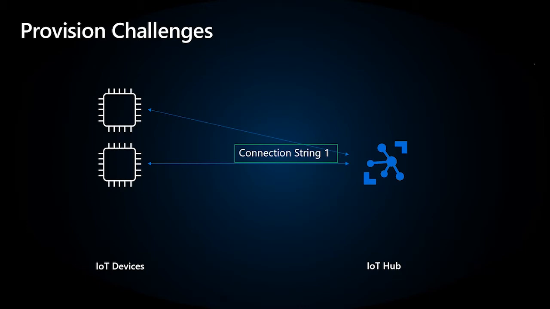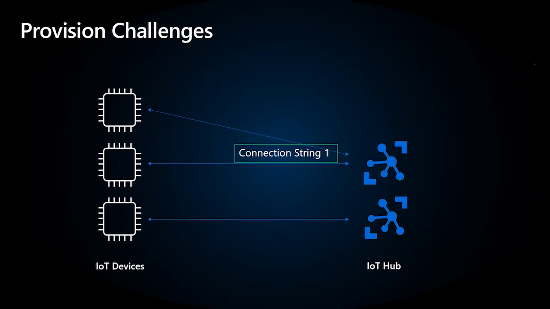You would actually need to assign each one of these individual devices to this same IoT hub connection string. Again, this is a relatively easy thing to do when you have one hub, as you can add this information to any device at the time of manufacturing.